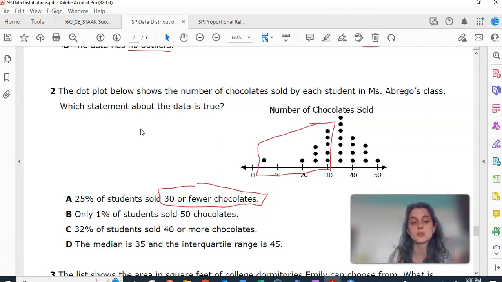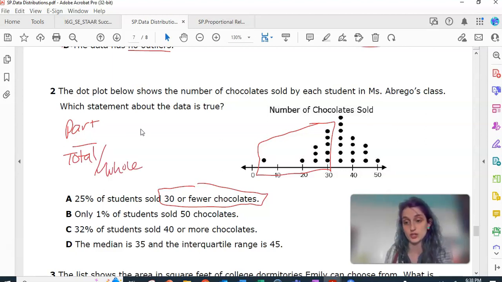So to make a percent, because I've given you the percent, we're trying to see if it's equivalent. To make a percent, you need a part that we're talking about, the part that happened to sell 30 or fewer chocolates, out of the total or the whole number of chocolates that were sold.